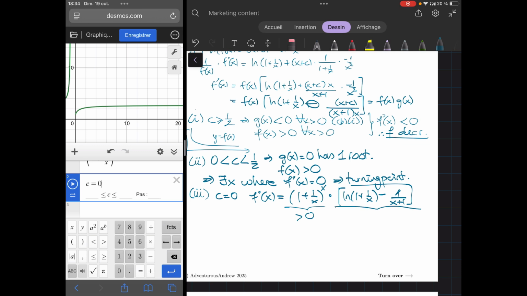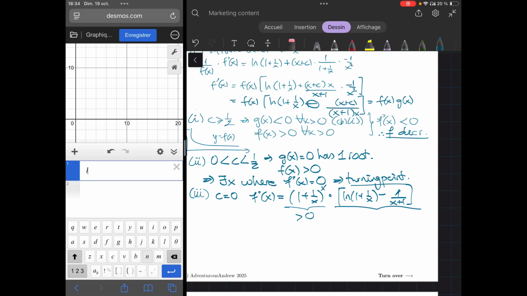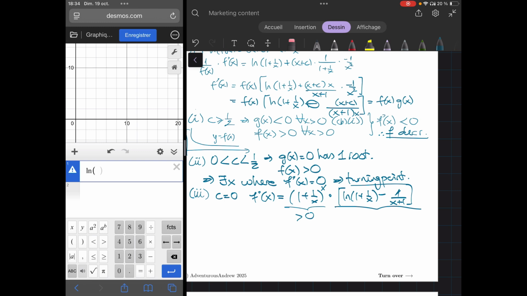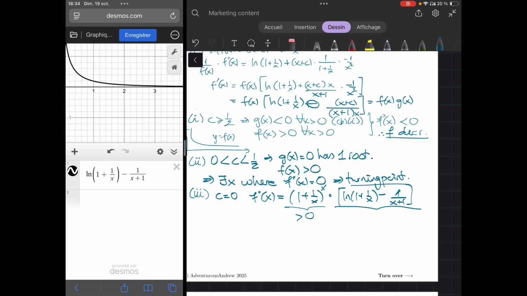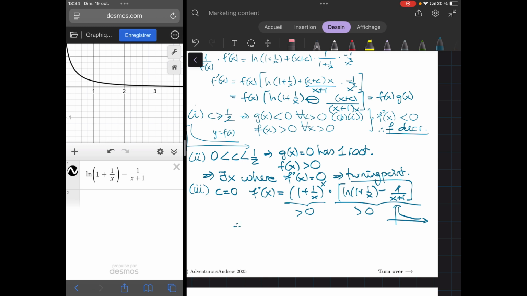Let's also sketch this curve. We can also see that it is strictly positive. Therefore, f prime of x is greater than 0 and f is increasing.